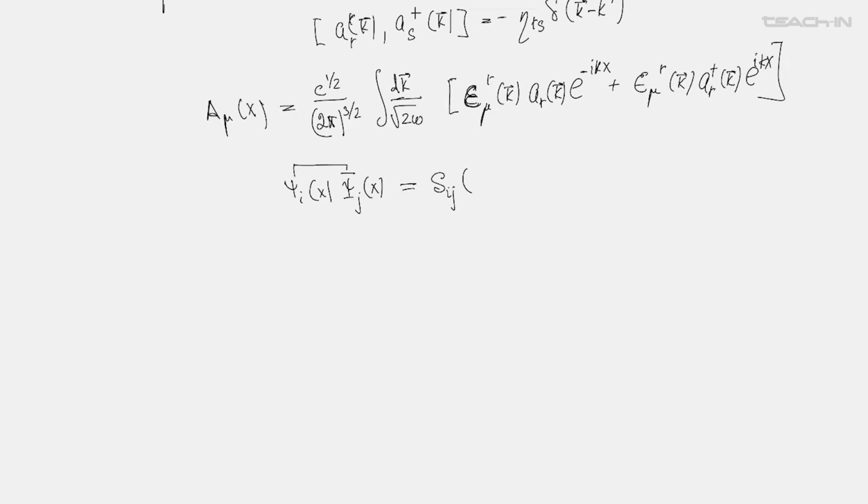So S_ij(x minus y). We can have a propagator between a component of psi bar and psi_j at y. This is given by minus S_ji(y minus x).